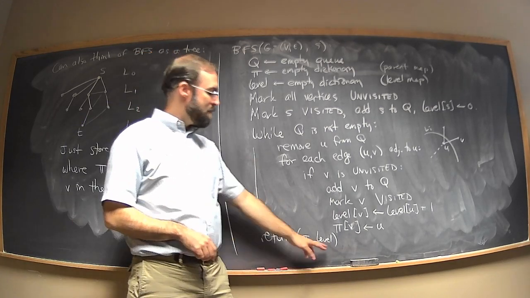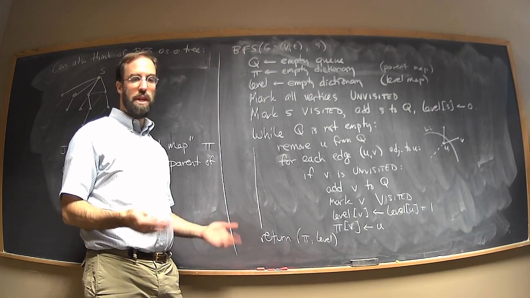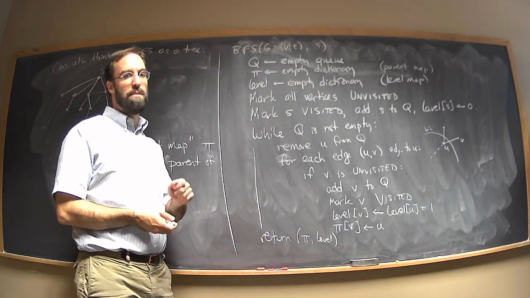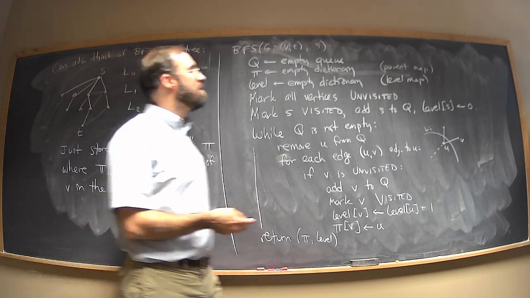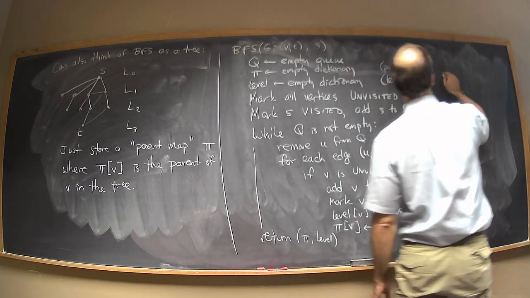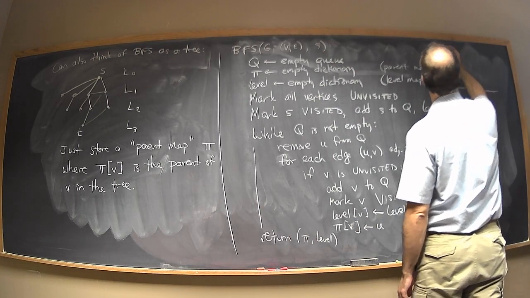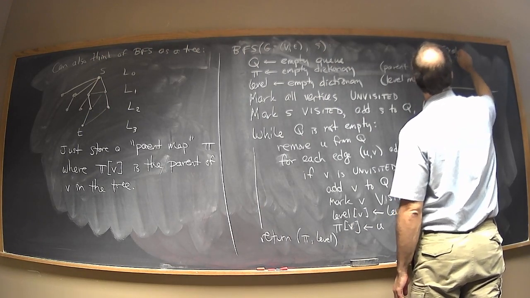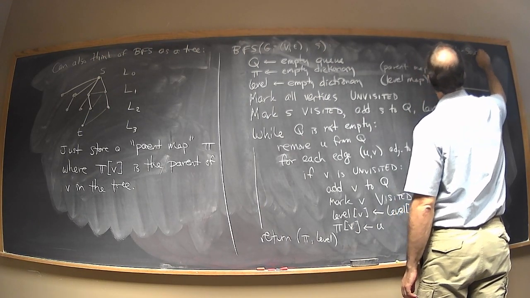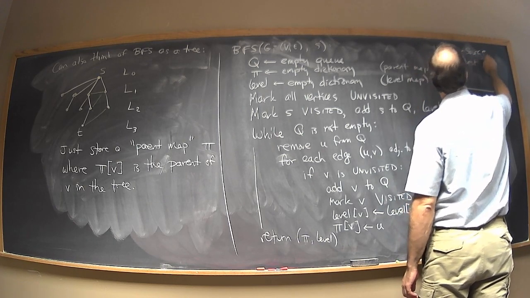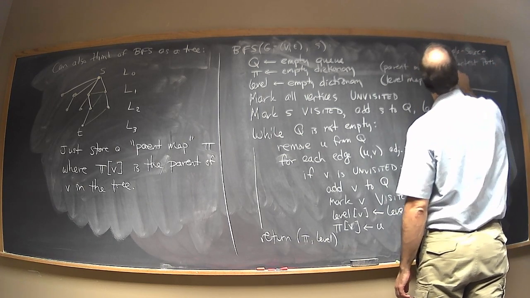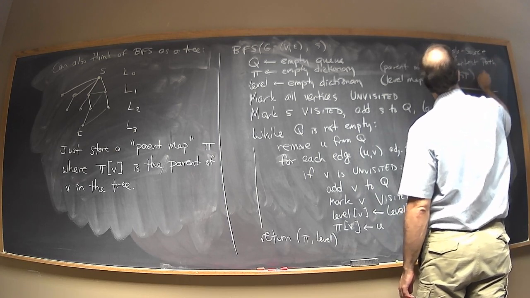And the level map will tell us the length of the shortest path from S to anything. This is called, I'll just put this up here as an aside, the single source shortest path, SSSP problem.